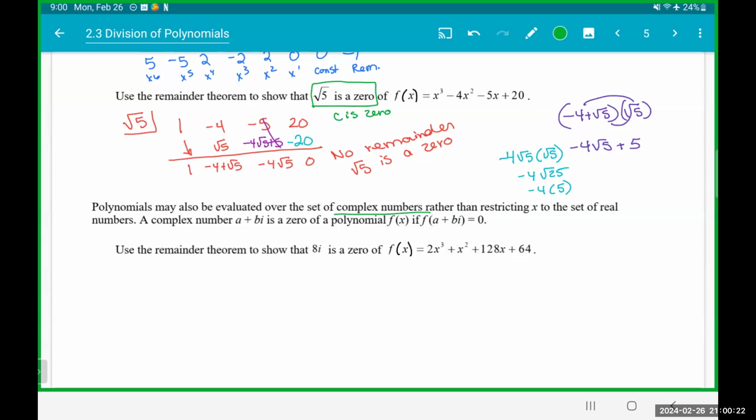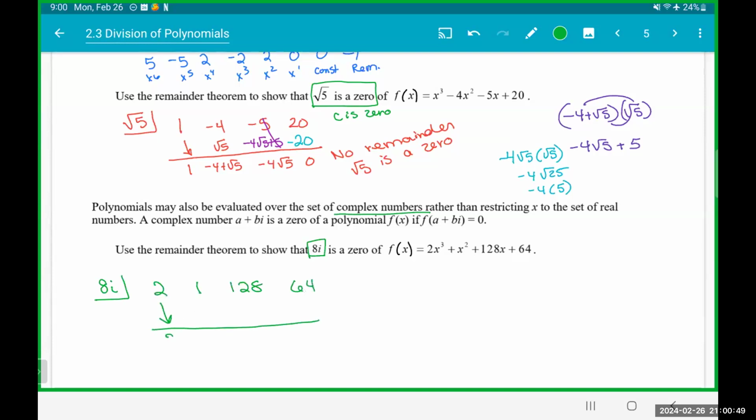So what we want to do here is show that 8i is a 0, okay? So we take 8i and we put it in our box, and then we have x cubed, x squared, x, and our constant.